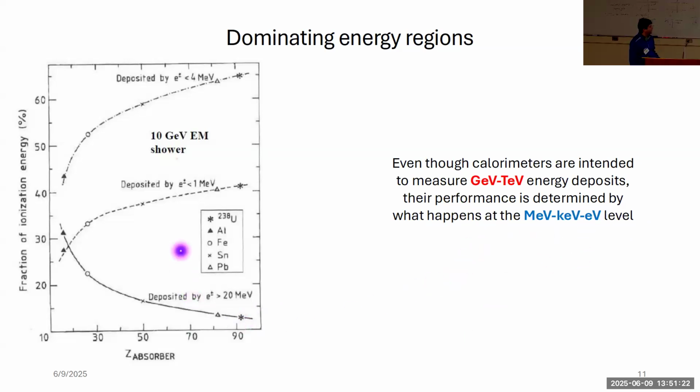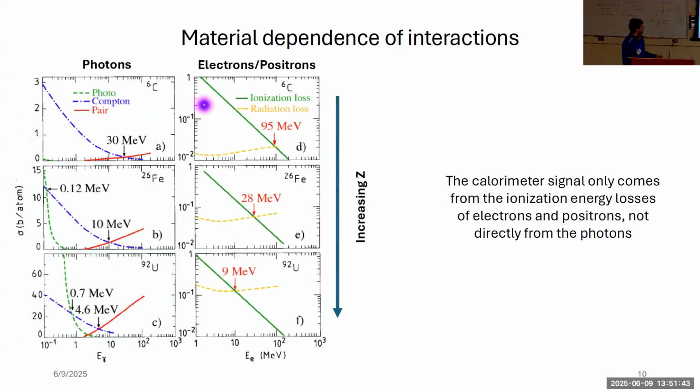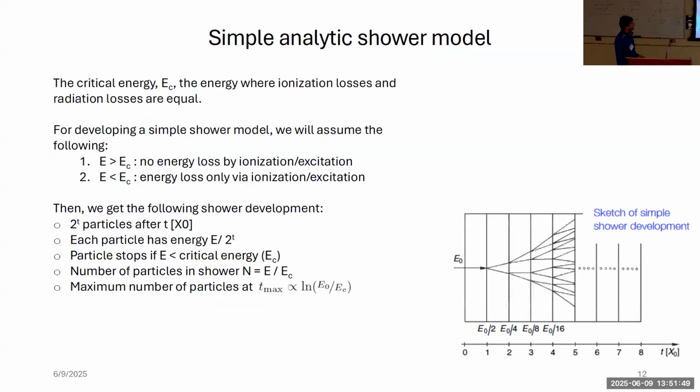If you look at the ionization energy that's deposited into the calorimeter, a lot of it is really coming from electrons at very low energy, on the order of 1 to 4 MeV. And this is where, as you can see on this plot, this green curve is larger, at lower energies.